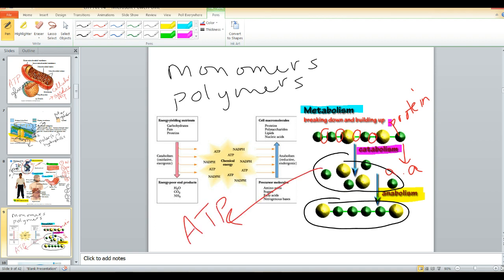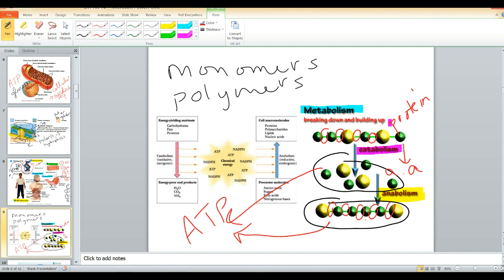So when we need energy, we're actually breaking bonds in your body. But sometimes we need to store energy for later use. So again, when we take these smaller units and we put them into bigger units through anabolism, we create bonds. When we create bonds, what we're doing is we're storing energy.